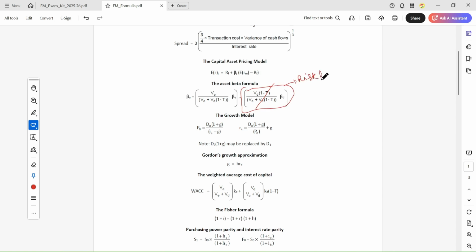We assume this is risk free. When it is risk free, the effect of this will become zero or nil. So the formula only is this.